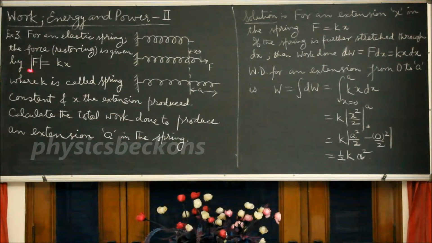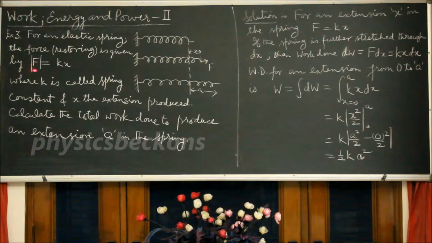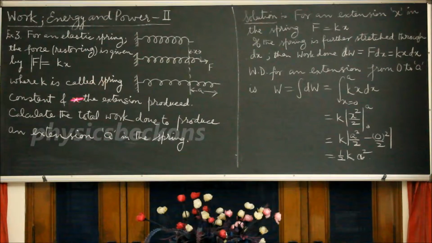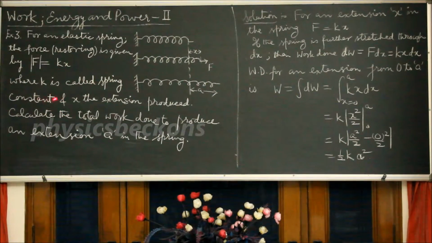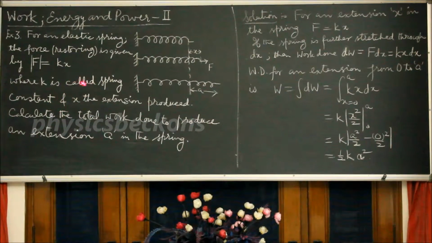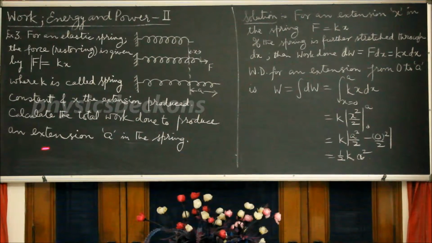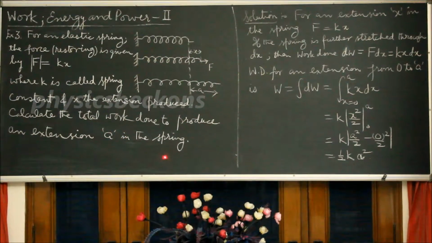The spring is elastic if F is of the form F equal to Kx. K is called the spring constant and depends on the nature of the spring, and X is the extension or compression produced in the spring. Calculate the work done to produce an extension A in the spring.